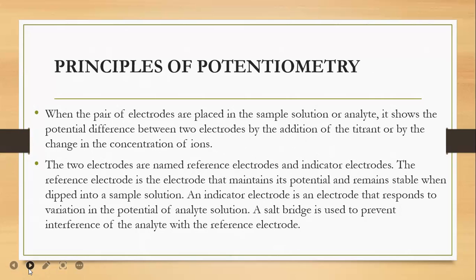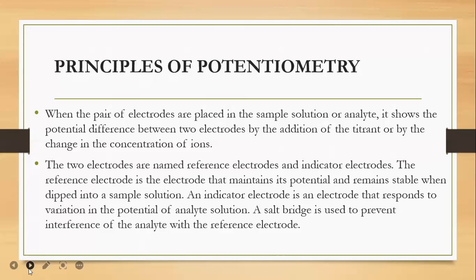The reference electrode is the electrode that maintains its potential and remains stable when dipped into a sample solution. An indicator electrode is an electrode that responds to variation in the potential of the analyte solution. A salt bridge is used to prevent interference of the analyte with the reference electrode. So the indicator electrode shows a response to the change in solutions, and the reference electrode maintains a stable potential.